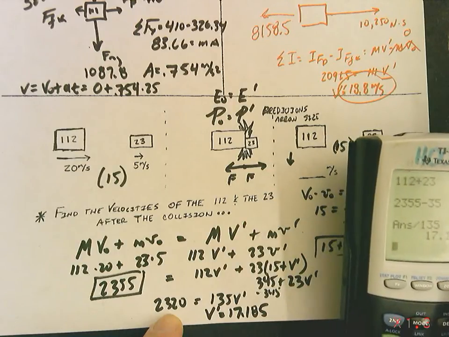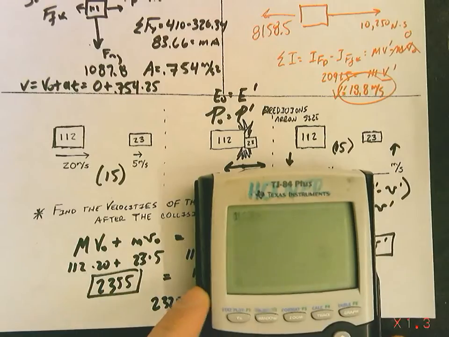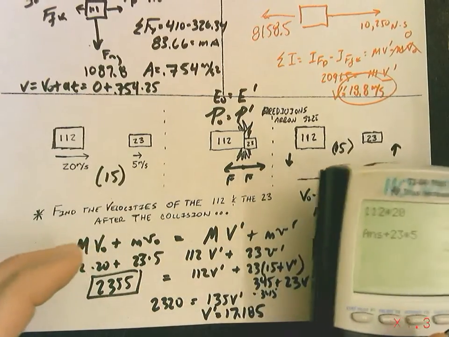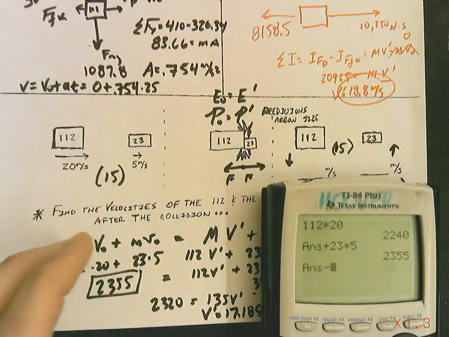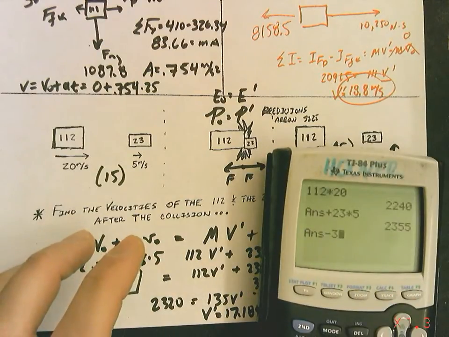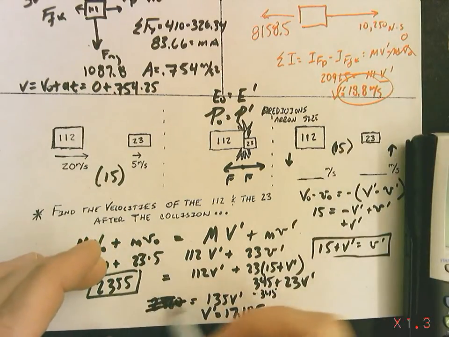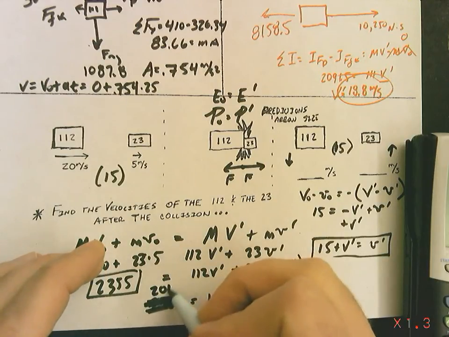Maybe this is where it is. Let me just double check. 112 times 20 plus 23 times 5 is 2355. 2355 minus 345 is... This must be it. 2010.